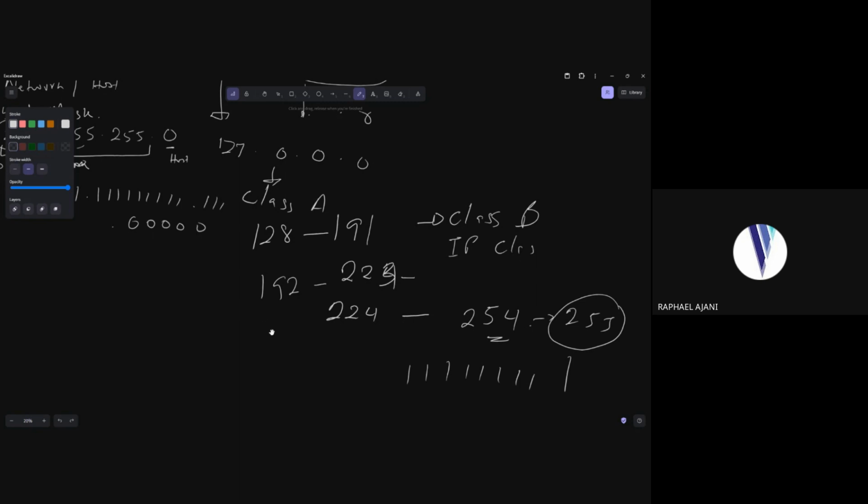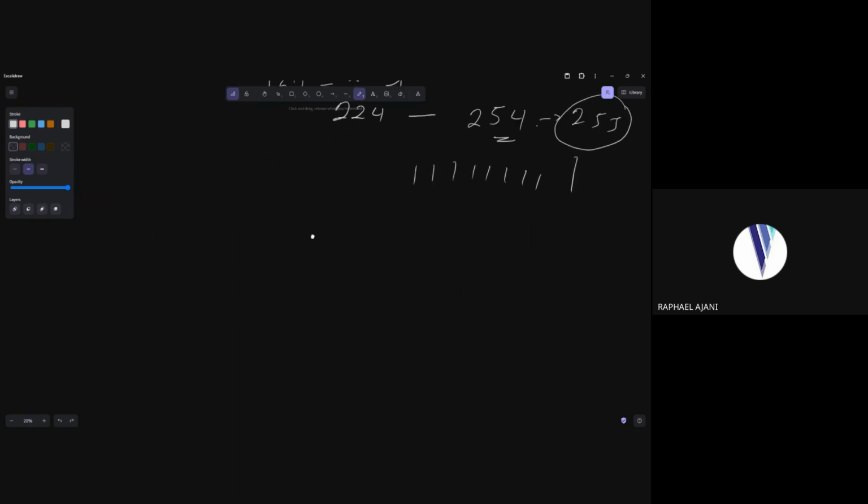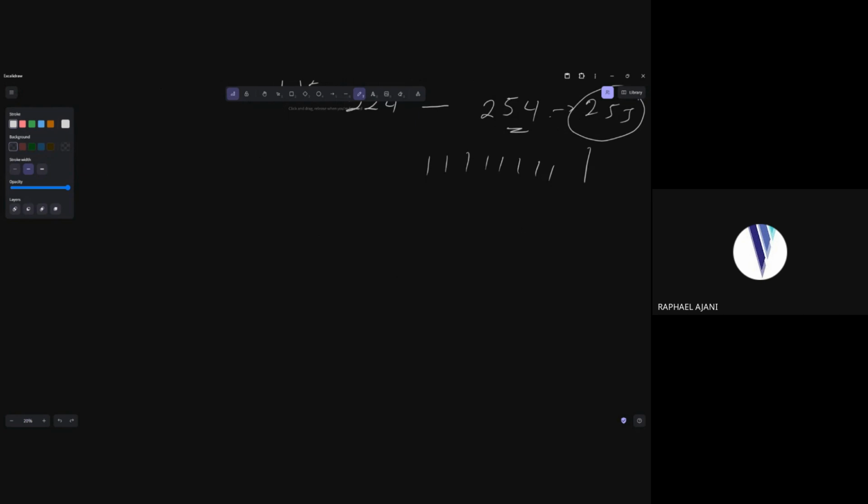So just to break it down a little bit better, class A is equal to 1.0.0.0 up to 127.0.0.0.